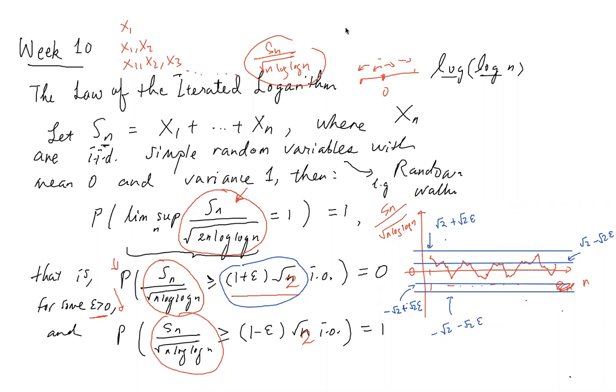Now, if you look at this curve, it is saying that this curve will go outside of this bound infinitely often with probability 1.